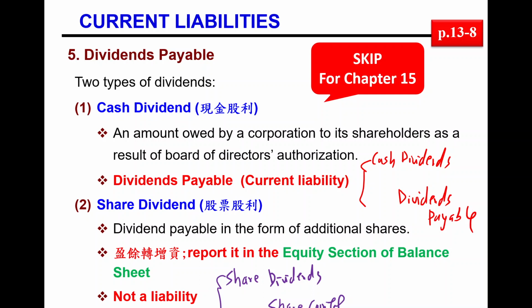When we give them shares, they become your shareholders. So that's equity, it's not liability. So when we talk about dividends payable, we mean cash. We owe them cash, and we are going to pay the cash in the future.